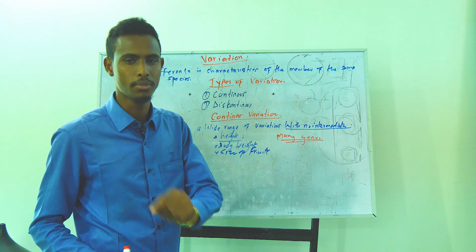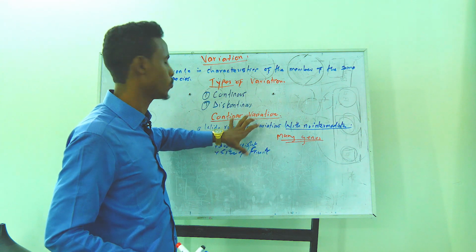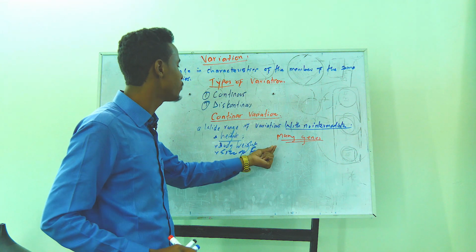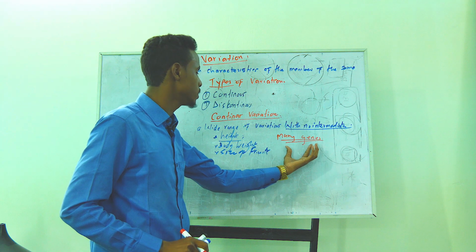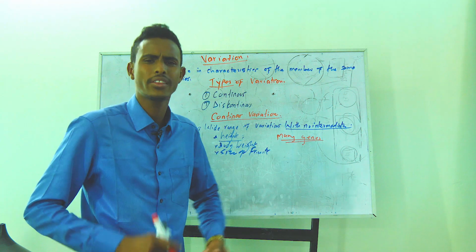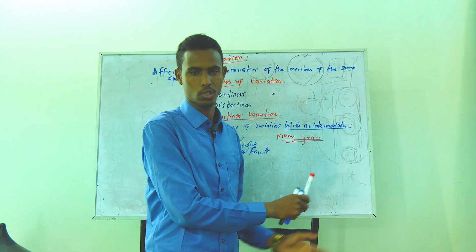Yet the genotype is the same. That is proved by the aspect of continuous variation, where the organisms have the same genes, but the expression of those genes is influenced by the environmental conditions.